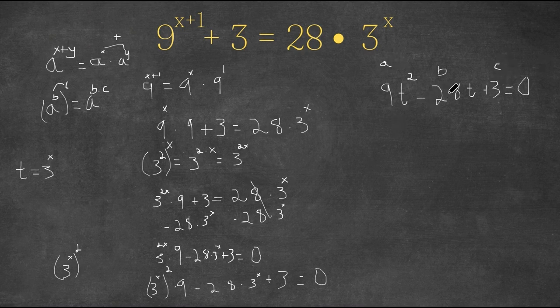So negative b, negative 28 times negative 1, is simply 28, plus or minus the square root of b squared, so 28 squared, or negative 28 squared, well, it doesn't really matter which one, 28 squared, minus 4 times a, which is 9, times c, which is 3, divided by 2 times 9, which is 18.